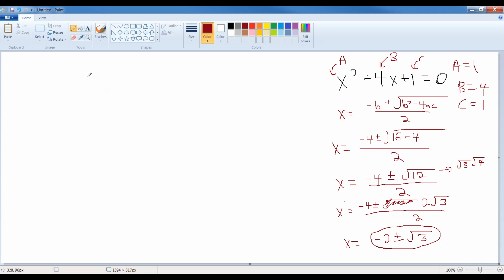The other way is the method called completing the square, which is a little harder to execute, but it's a lot simpler and faster to do once you know how to execute it. Completing the square only works, by the way, if this is a positive number. If this is a negative number, you cannot complete the square.